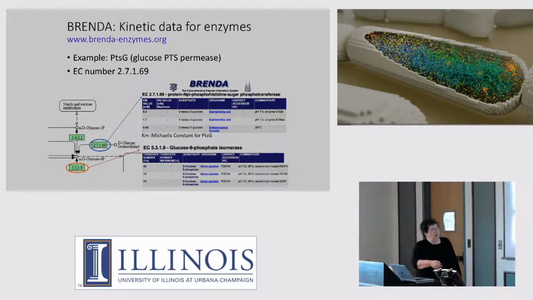Where do you get them? Out of this Braunschweig Enzyme Database, BRENDA. You can just go look it up, and it gives you the KMs and the turnover numbers here. And this is for the first step in taking in glucose and converting it to alpha-D-glucose 6-phosphate. Right, so that's there, you can put those in.